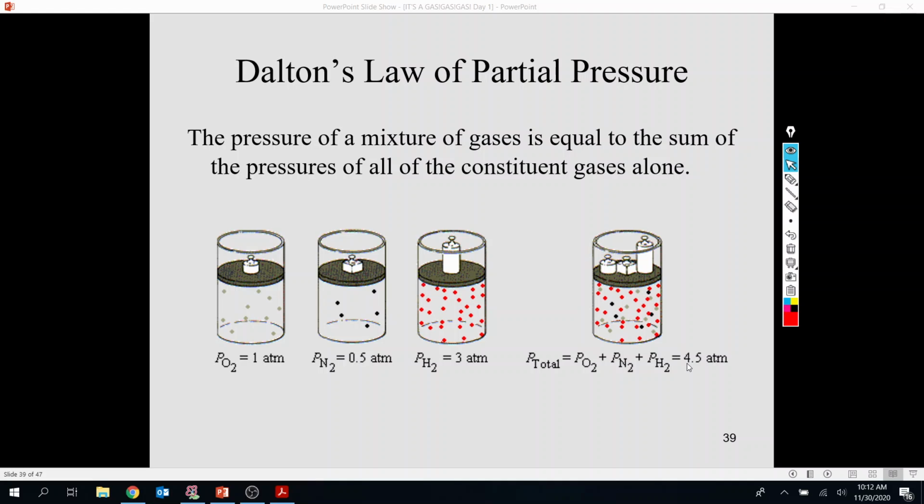So Dalton's law is fairly straightforward. It just tells you that your total is equal to the sum of your parts.